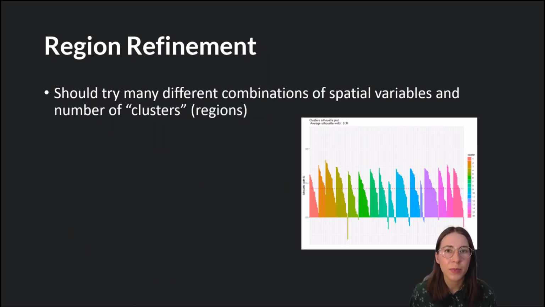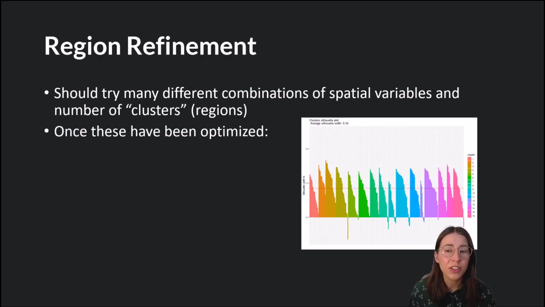Let's talk more about the process to form homogeneous regions. We talked about how sites can be collected into regions using physical measures such as elevation, precipitation, and other variables. When forming the regions, you should try many different combinations of spatial variables and also different combinations of number and size of regions. Once you think you've determined the best combination of spatial variables and size of regions to form your homogeneous regions, the next step is to test their homogeneity.